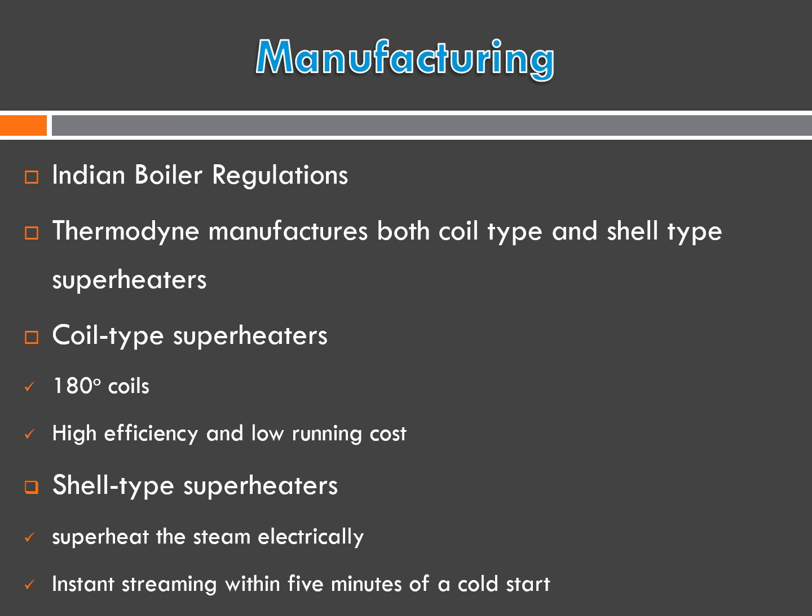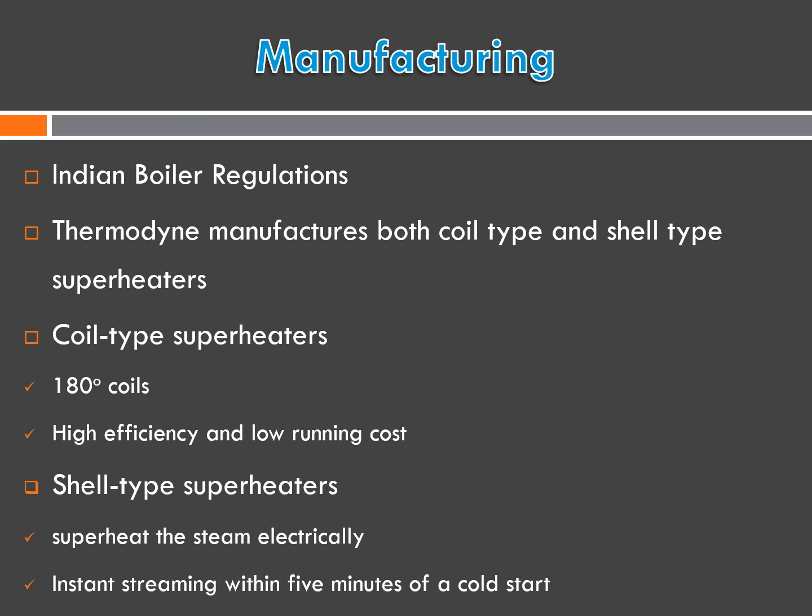In the coil type design, the steam is inside the coil, and the gases are outside the coil. Coil type superheaters are usually highly efficient, and have a very low running cost. Therefore, manufacturers or buyers prefer coil type superheaters because they are easy to install and also cheap.